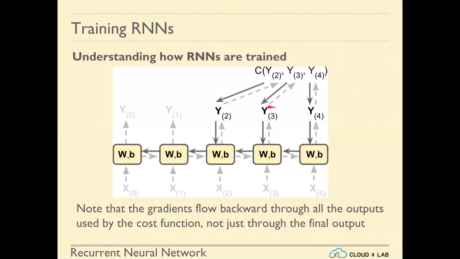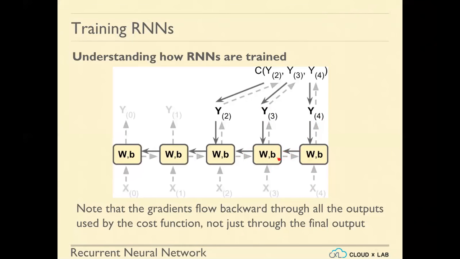It's a function of previous Y3, which is a function of W again, and so on. Therefore, we can't really ignore this because when we are writing this function y4 equals W into x4 plus there is a feedback that we're getting, there is also another W involved in that computation.